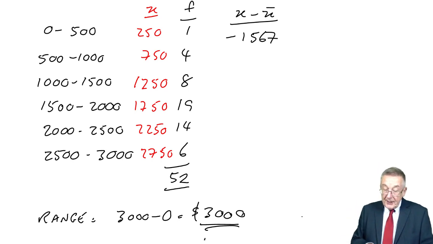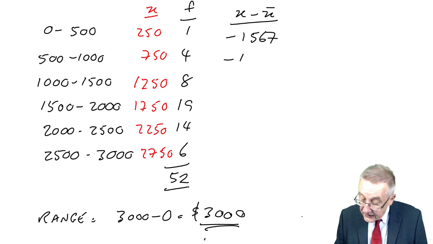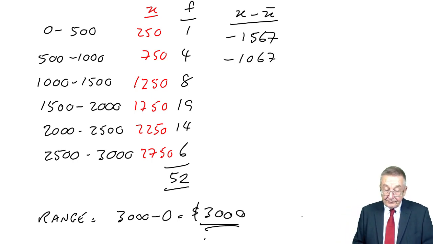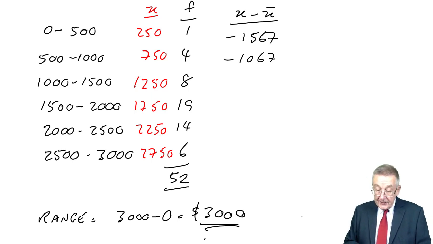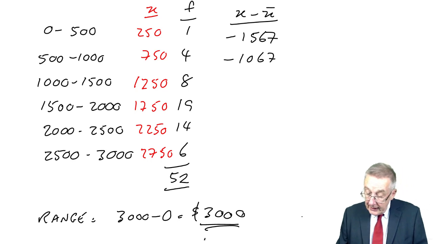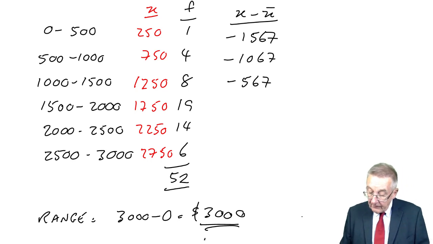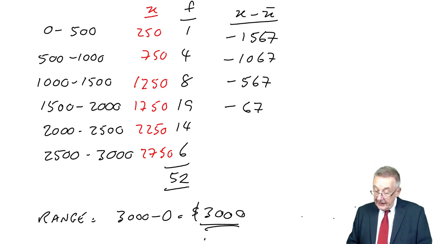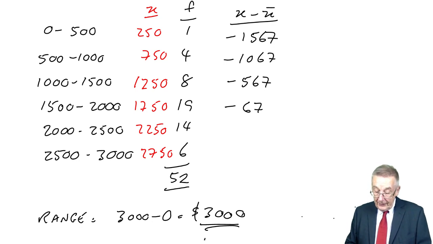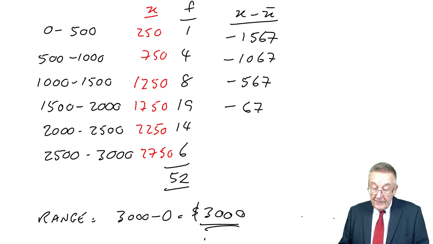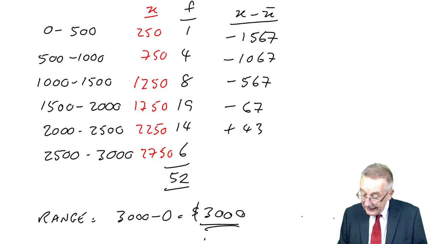750 minus 1817 is minus 1067. 1250 minus 1817 is minus 567. 1750 minus 1817 is minus 67. 2250 minus 1817 is 433 positive.